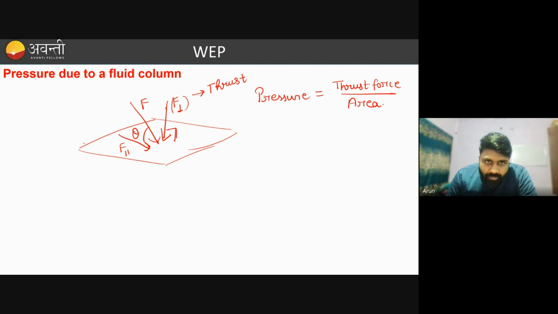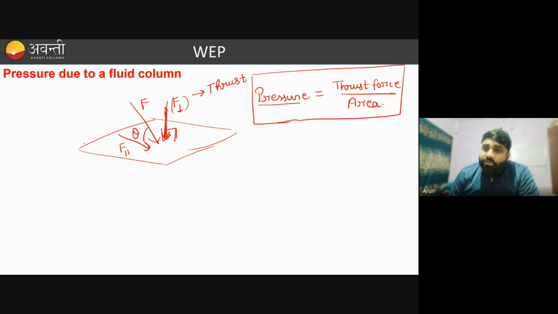This force is perpendicular to this area, so we take pressure as thrust force per unit area, because force itself is not sufficient to give you the data. We need to consider the area also on which this force has been applied to see the impact of the force. So pressure is defined as thrust force per unit area.